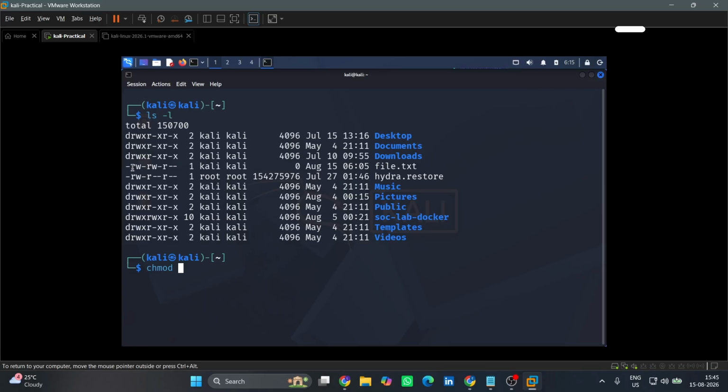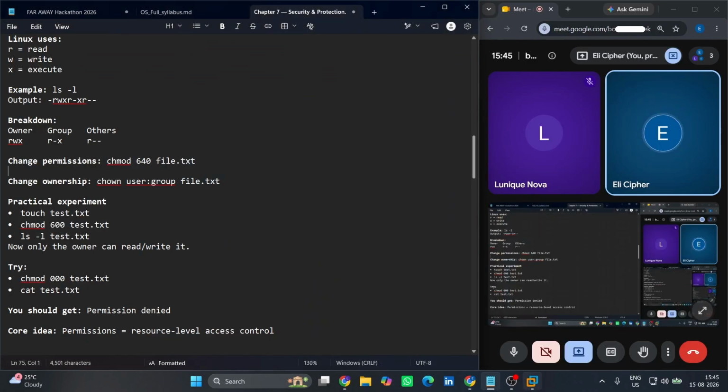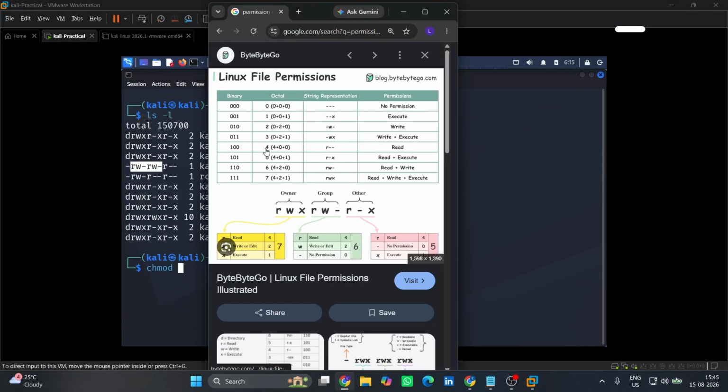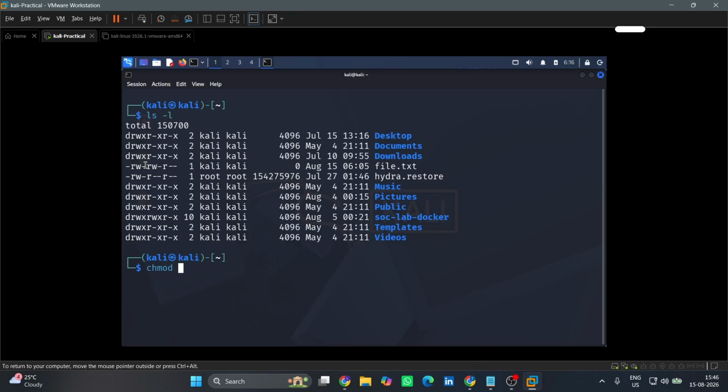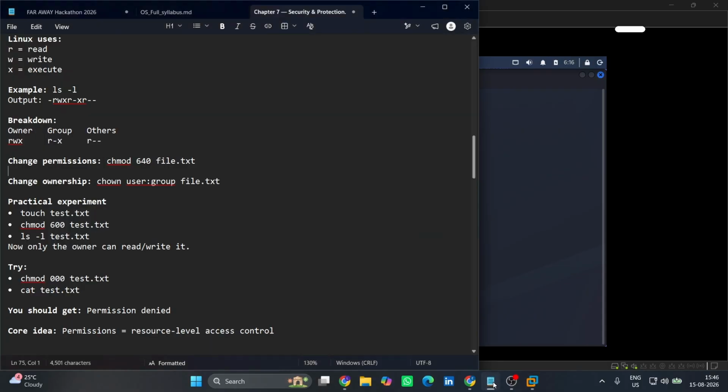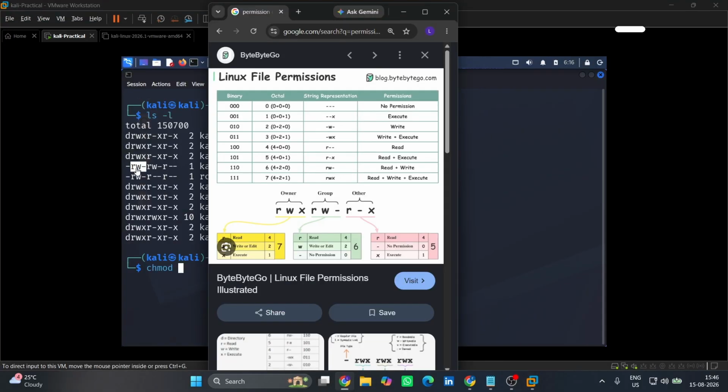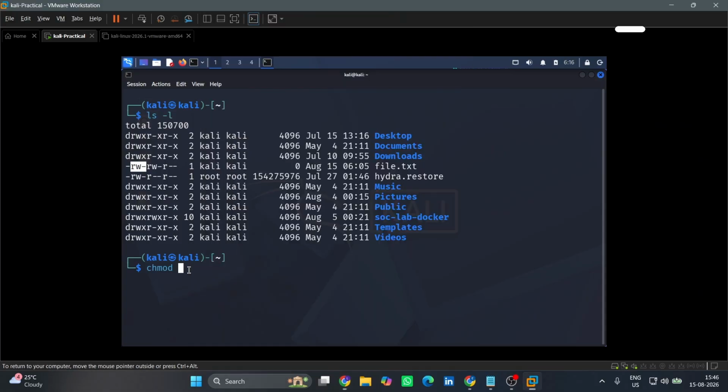We need read and write permission, and we don't need any change for execute, right? Now, take a look at this chart, and here you will find that octal number 6 gives read write permission, it doesn't have any execute permission. For the owner, it means it has 6. So let's write here 6.